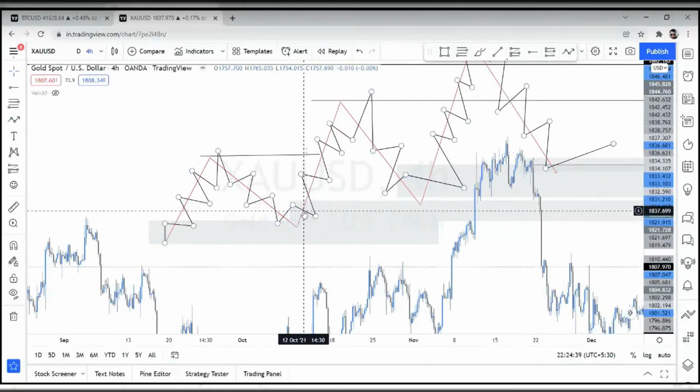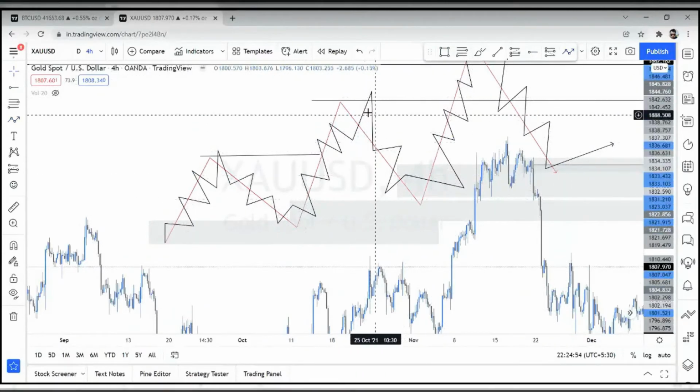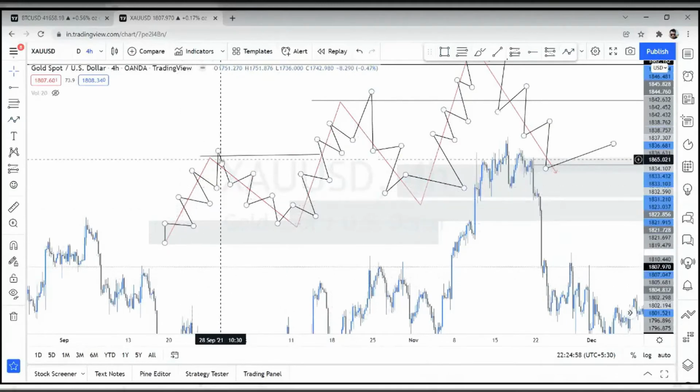and still why did my buy from here get stopped out? Maybe price stopped out here. You were looking for a sell maybe out of here, and then price just moves up. So maybe one day, when you understand this completely, you may ask why price is not going down.